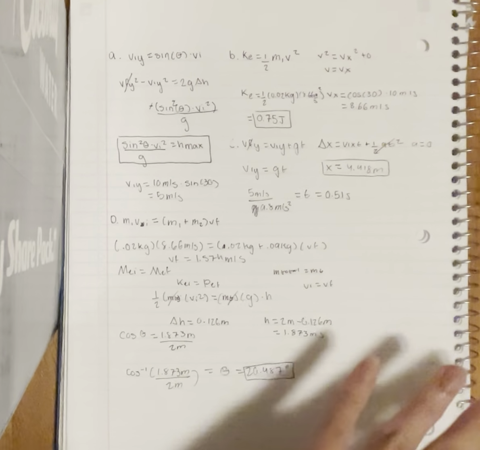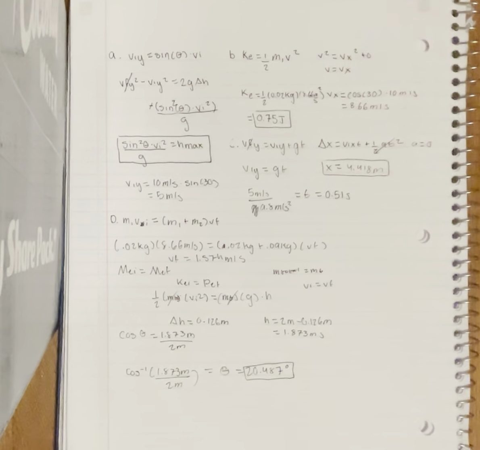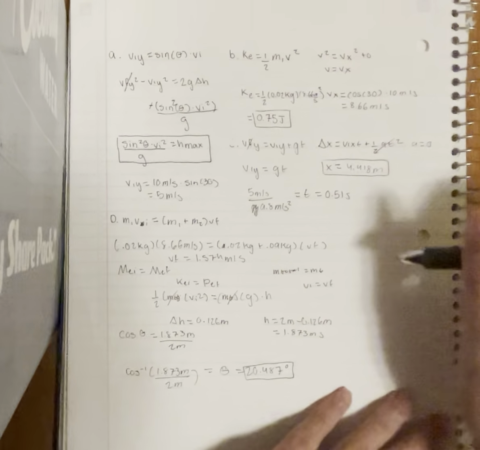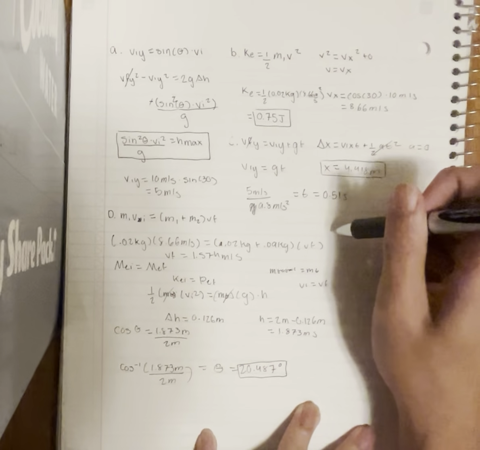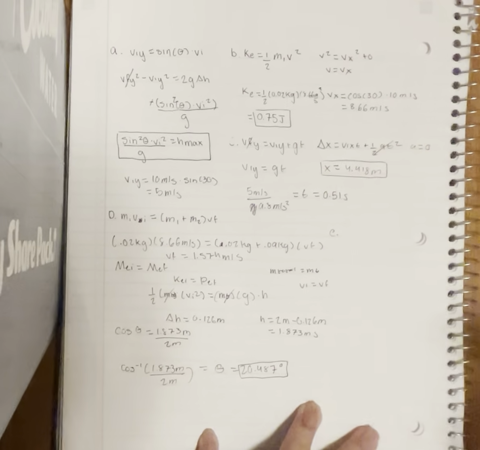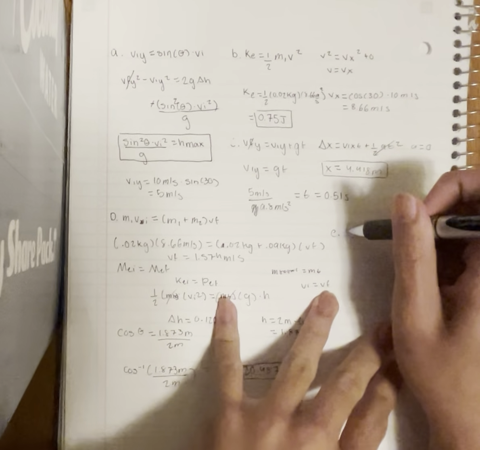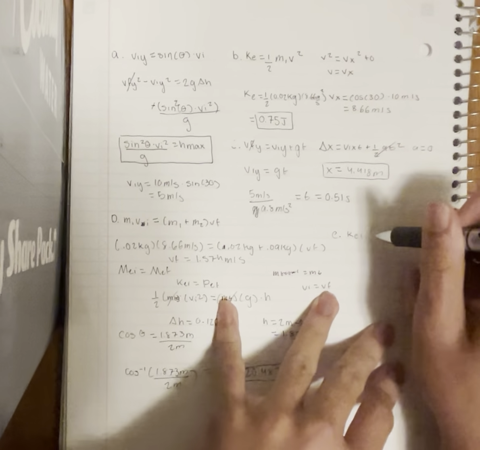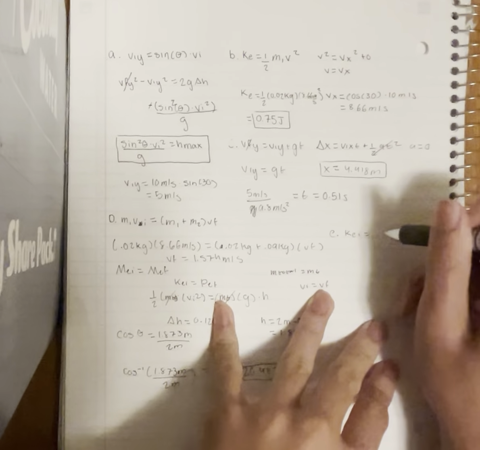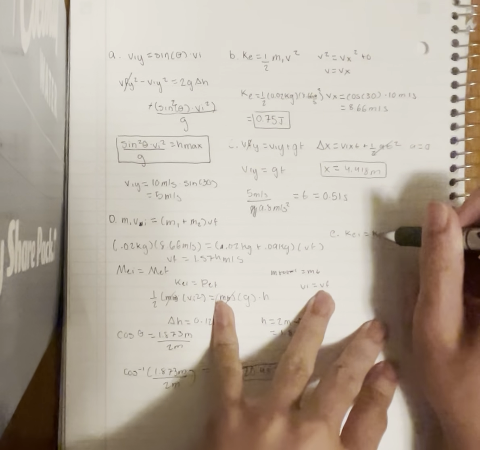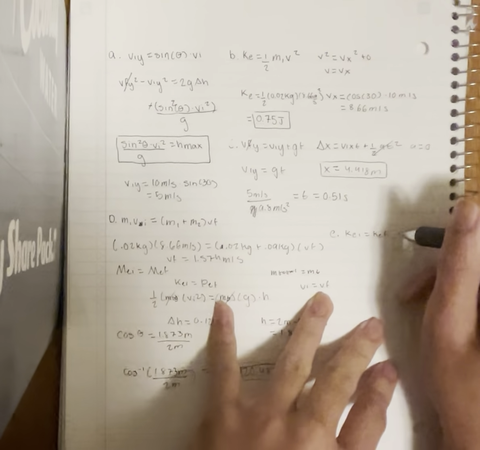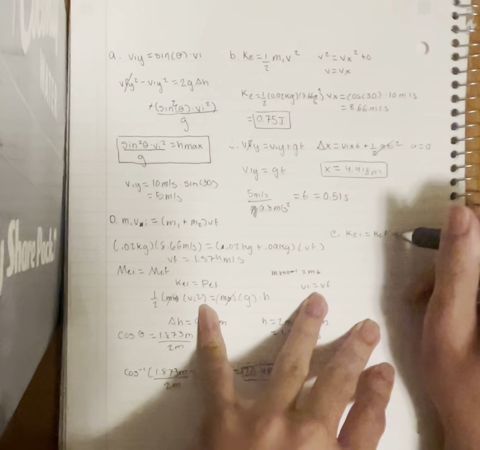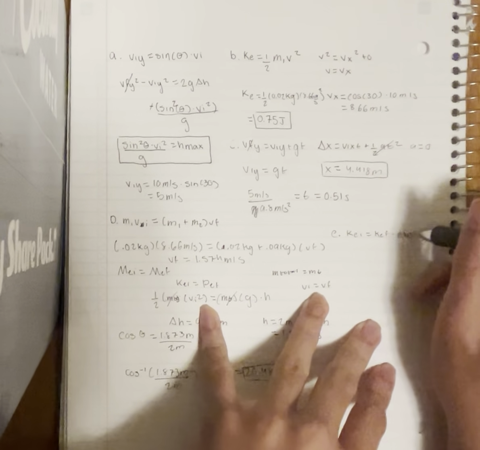And then for number E, to calculate E loss, we can do the same thing. Well, we can set it up with energy. So we know initially there's KEI, and then at the end we're trying to find how much E was lost. So we can do kinetic energy and E lost.